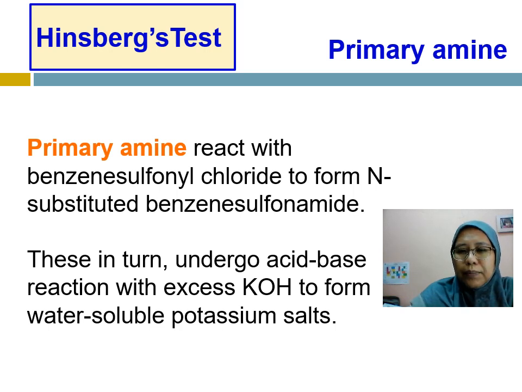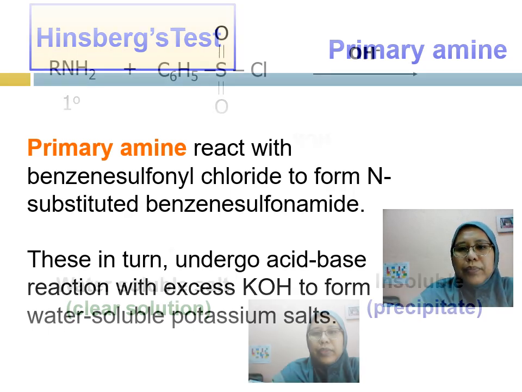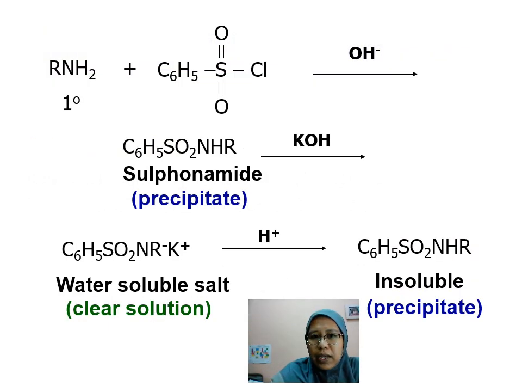So the observation is going to be very unique here, where firstly, when we do a reaction between primary amine and Hinsberg's reagent, we are going to form a precipitate. The precipitate is sulfonamide.